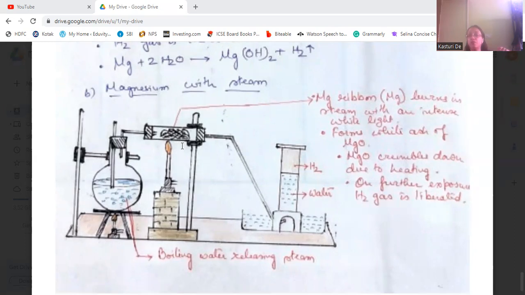This is collected over water in the beehive shell, where the gas will come and collect over water.